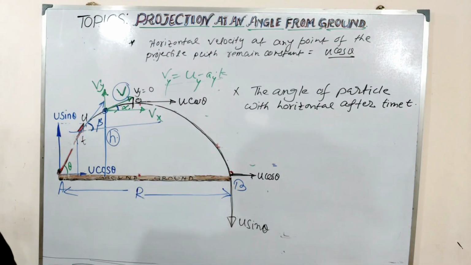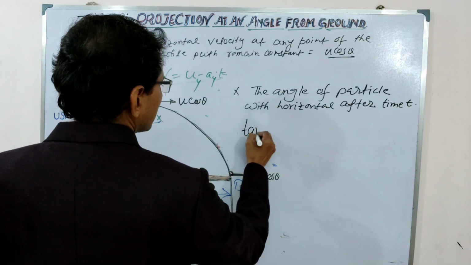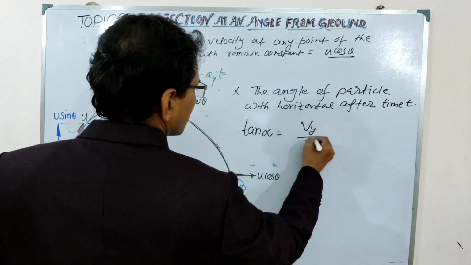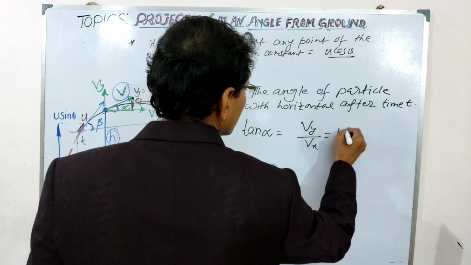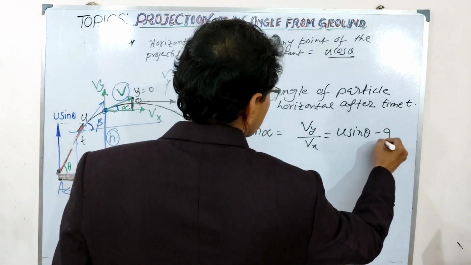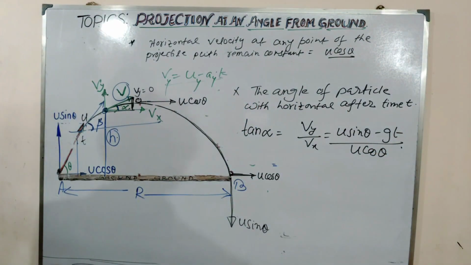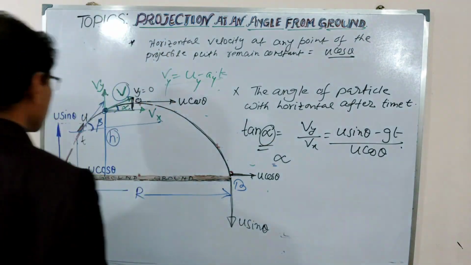We calculate the time t. Now we know tan alpha equal to Vy by Vx. From this result, Vy, this is Vx. So Vy equal to this, and Vx is u cos theta. So from that we get the alpha from this relation.